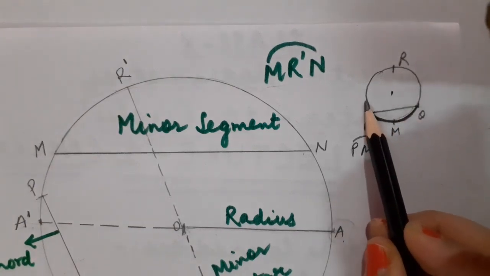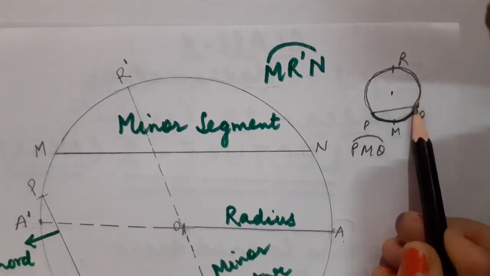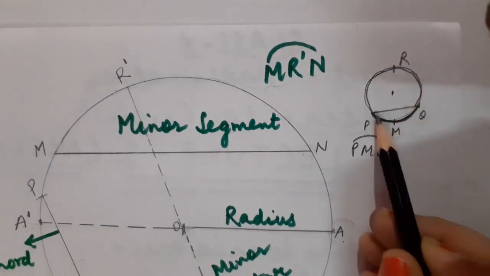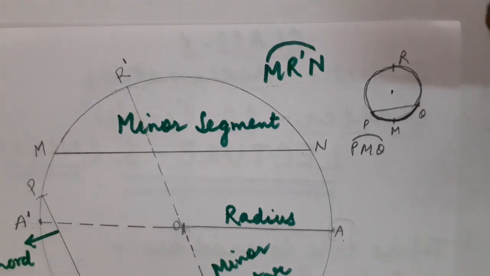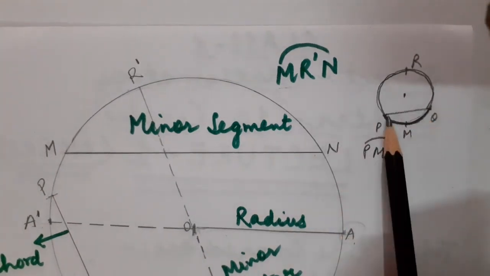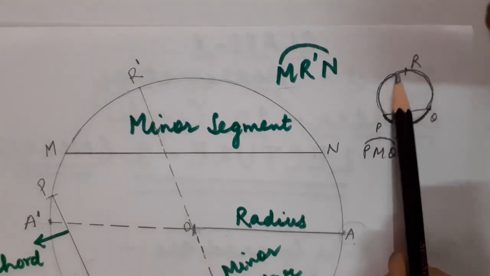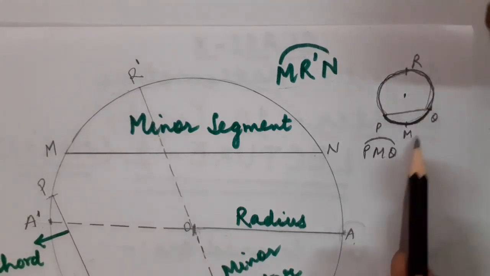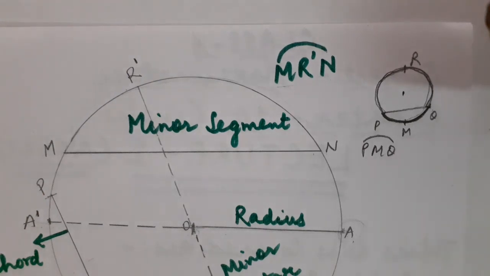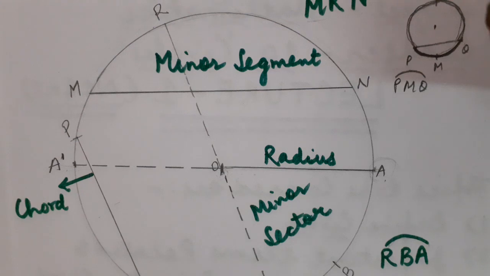But if I talk about PRQ, this is major arc, as it is clear from the diagram itself. Fine, children? So we can say that the smaller part is called the minor arc and this larger part is called the major arc. Correct, children?